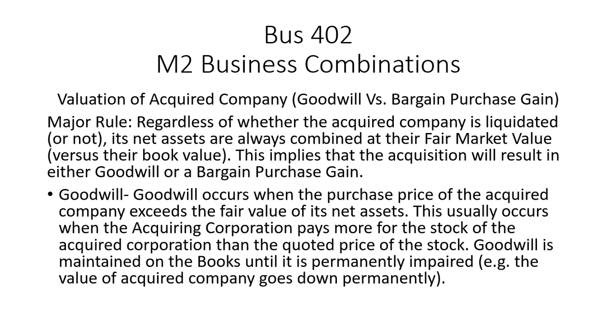Goodwill is maintained on the books of the acquiring company, the company that buys the other one, until it is permanently impaired, i.e., the value of the acquired company goes down. Let's say company B's stock is trading at $10 and company A buys it for $12 per share. Then you've got $2 per share of goodwill.